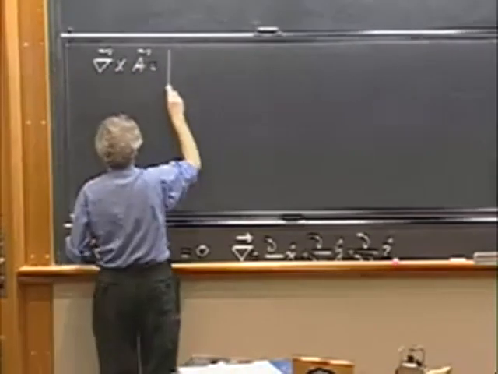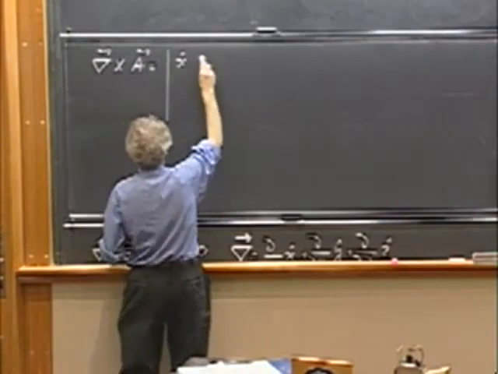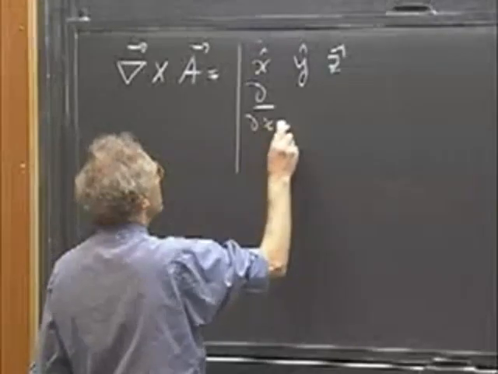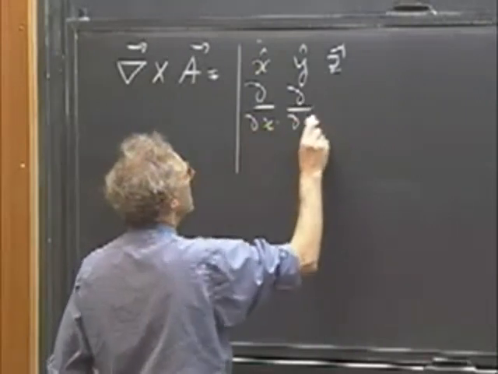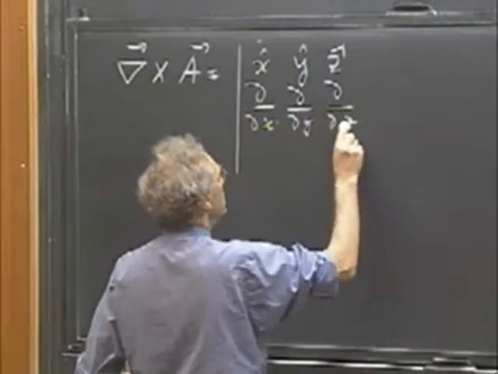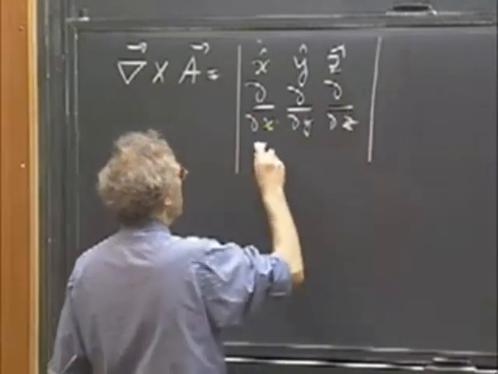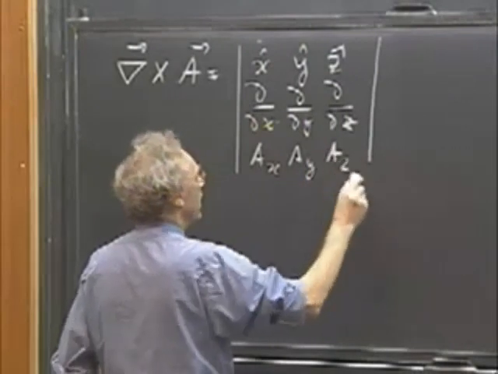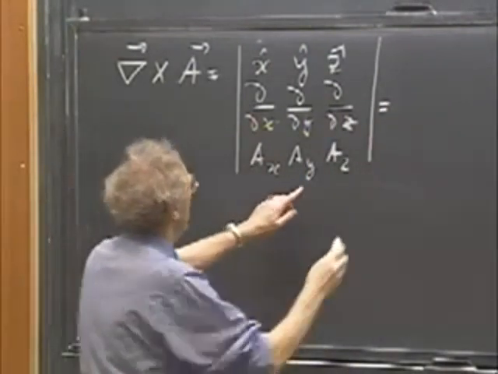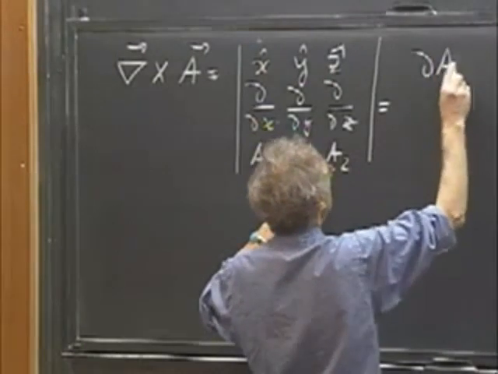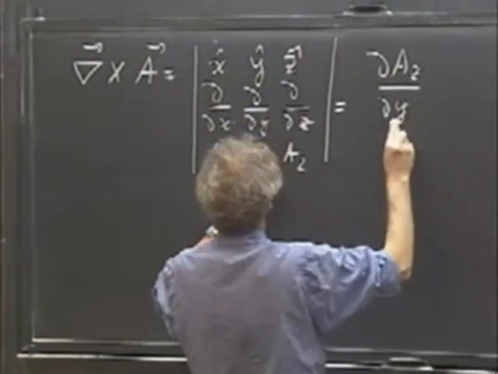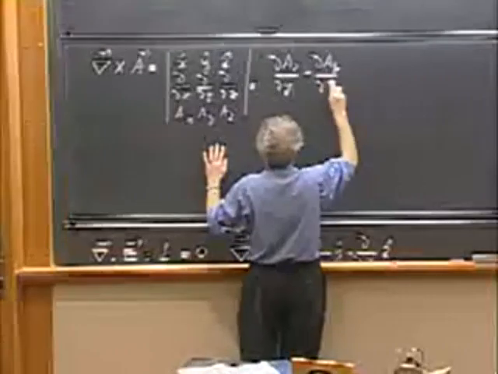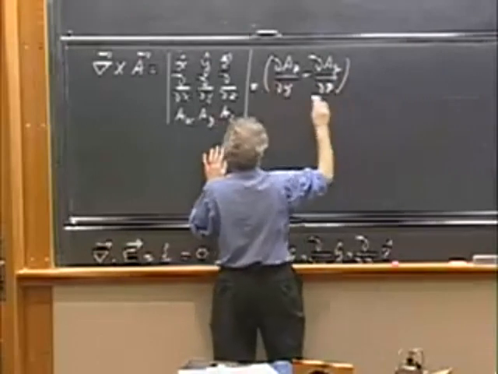the way I remember it, and you probably do the same: x, y, z, d/dx, d/dy, d/dz, and then you get here Ax, Ay, Az, and that then becomes dAz/dy minus dAy/dz, and that is in the x direction.